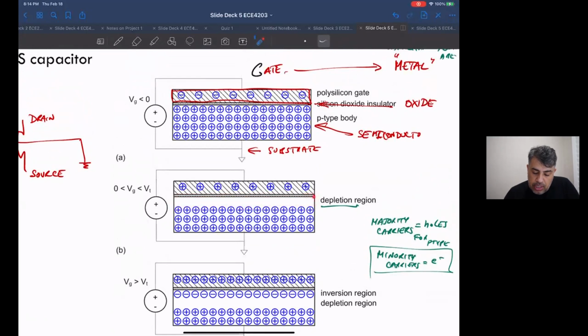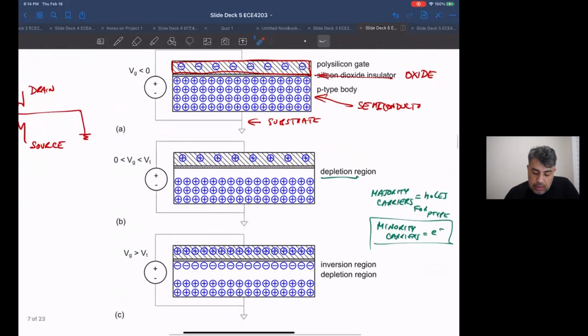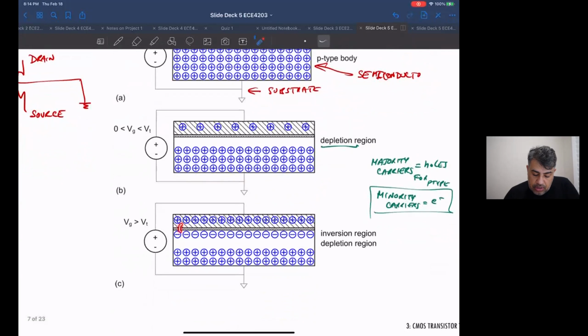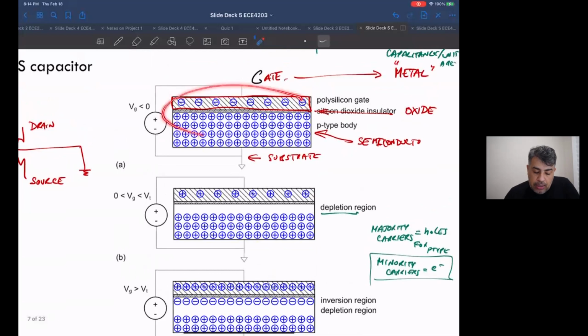It looks like a parallel plate capacitor, but the separation is more than just the oxide thickness. It includes this depletion area. Then back to a capacitor that is just as thick as the oxide. So you go from high capacitance to lower capacitance and back to your original high capacitance.